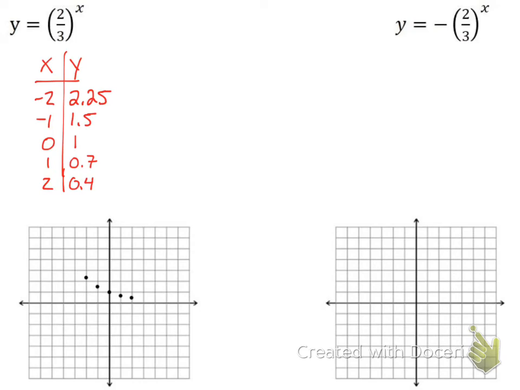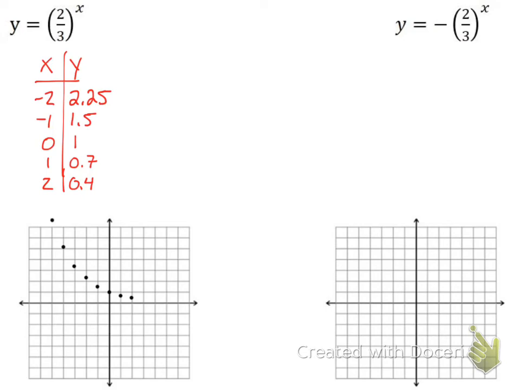Again, if I wanted to add points, I could add a bunch of points actually. Negative 3, positive 3.3, negative 4, 5.1, negative 5, 7.6, which would get me past my graph.